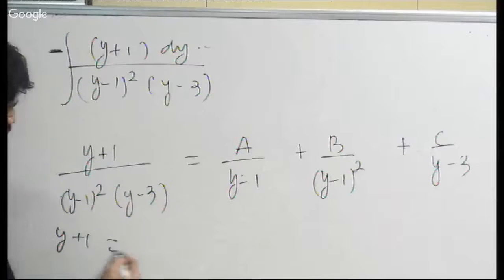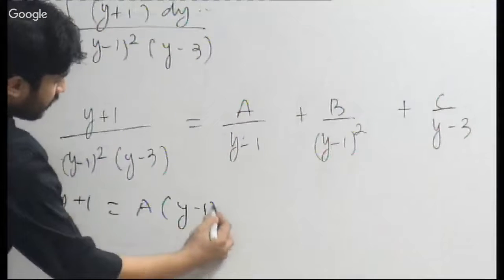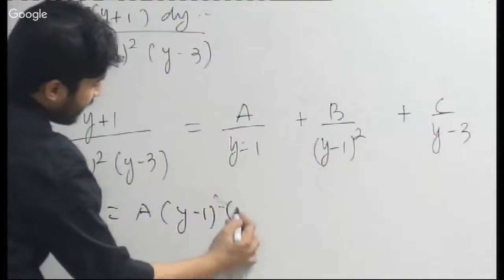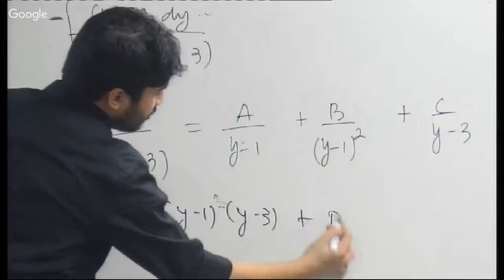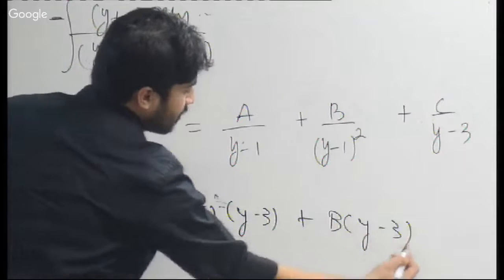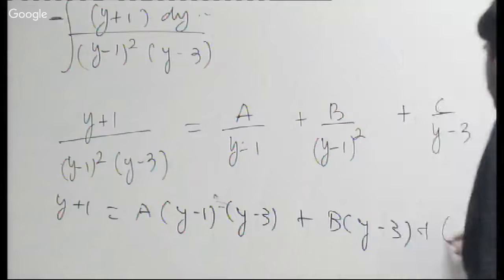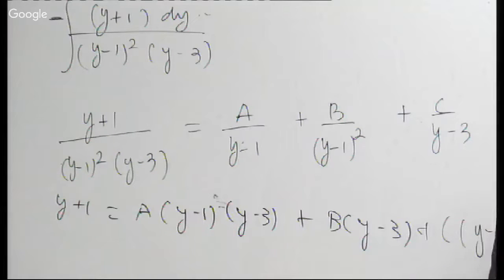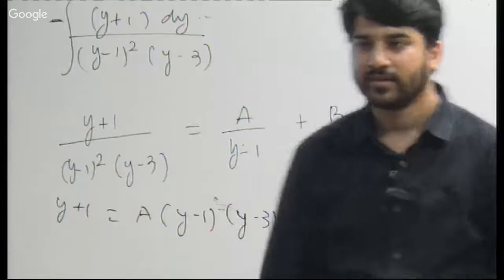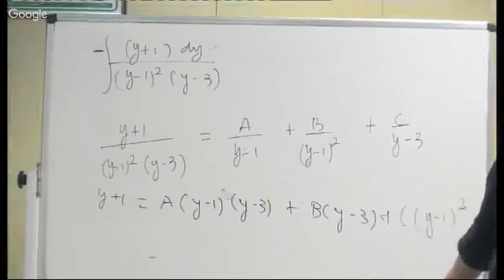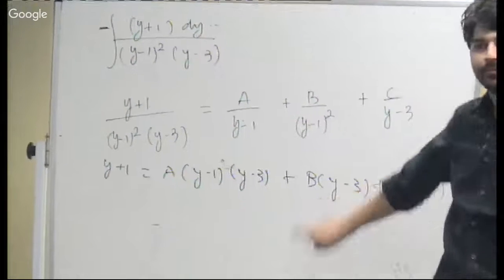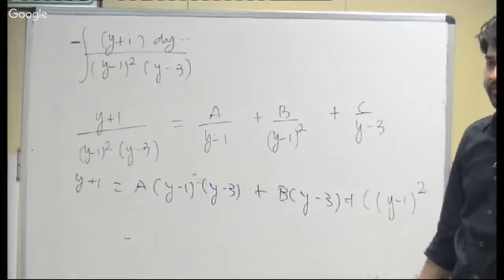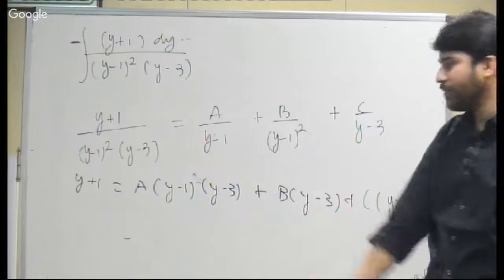So now, how to handle this? y plus 1 is equal to a into y minus 1 into y minus 3 plus b into y minus 3 plus c into y minus 1 ka square. Right? Now, if I put y is equal to 1, I'll get b.